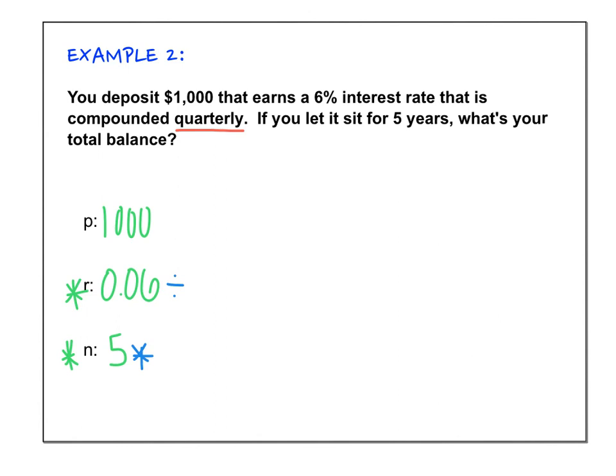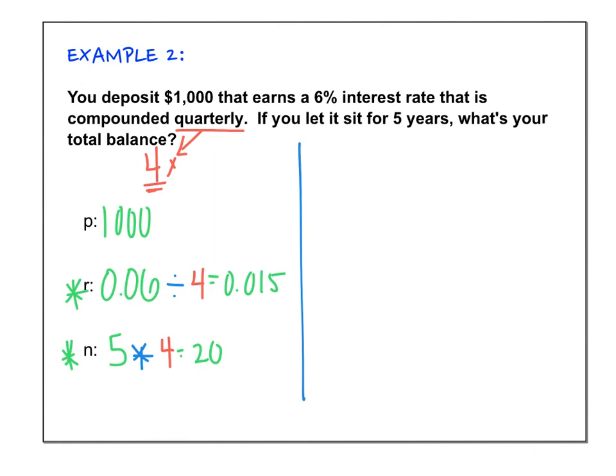This time, since it's quarterly, and that means 4 times a year, I'll need to divide my rate by 4 and multiply my N by 4. So the actual values I'm going to be plugging into my formula are 0.015 and 20. Back to my formula now.